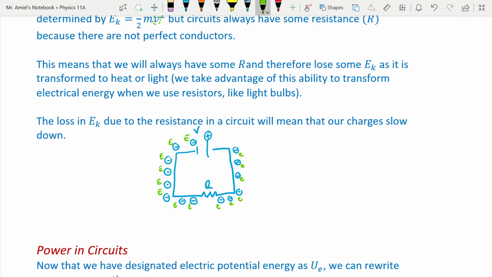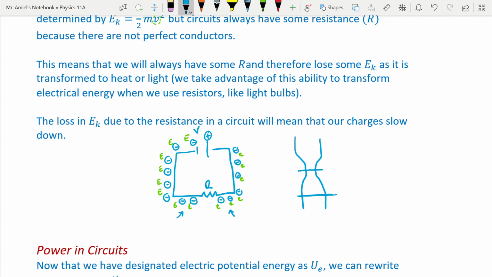Okay, and so just like our pipe, where we said that if we narrow the pipe, the flow on this side is determined by the narrowest part of the pipe, the flow on this side, where you've got lots of energy, is determined by the flow on this side where these things have less energy.